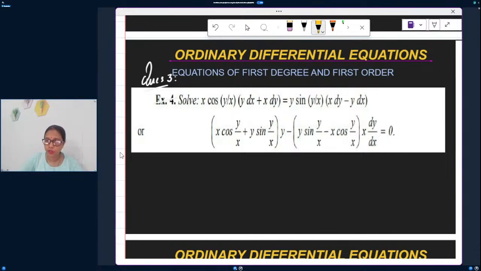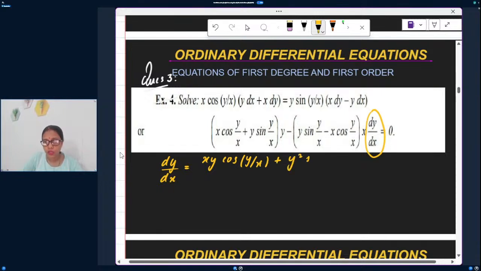So let's try to find dy by dx from here. Here dy by dx is given. So dy by dx is equal to, you take this part as it is, and I'm taking that y inside. So it becomes (xy cos y by x plus y square sin y by x) divided by (xy sin y by x minus x square cos y by x).